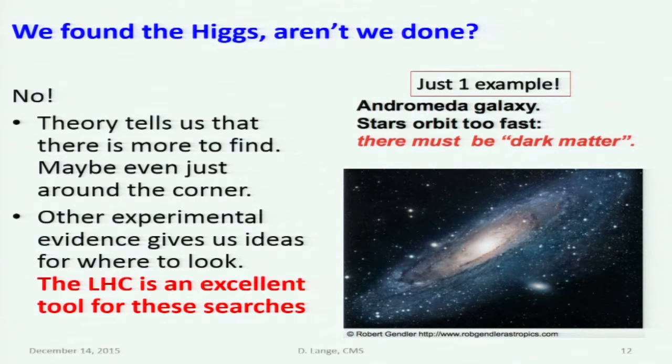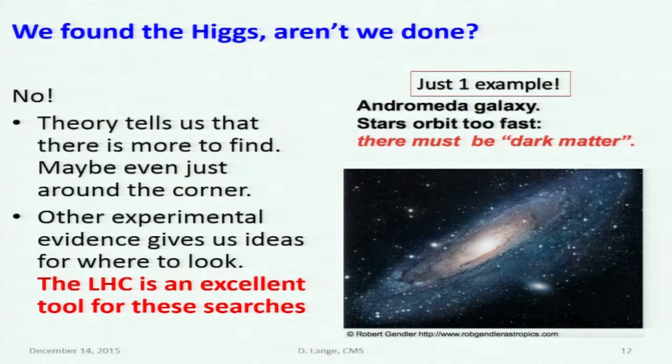The LHC is, of course, not alone in that search, but it's really an excellent tool for all these searches. One example is that we know from astrophysics studies that there's a large amount of what's called dark matter in the universe, in that what you see in terms of gravitational pull and what you see in terms of visible stars are not consistent.